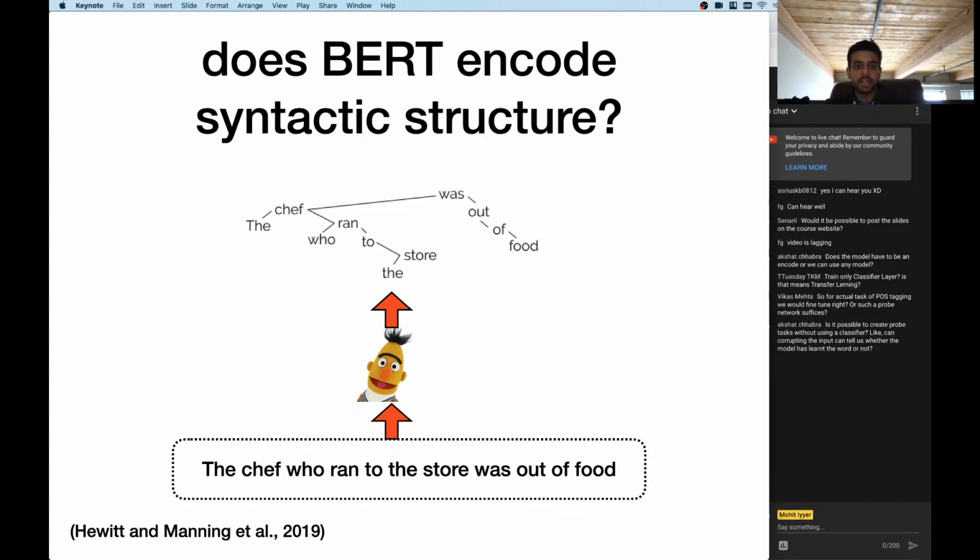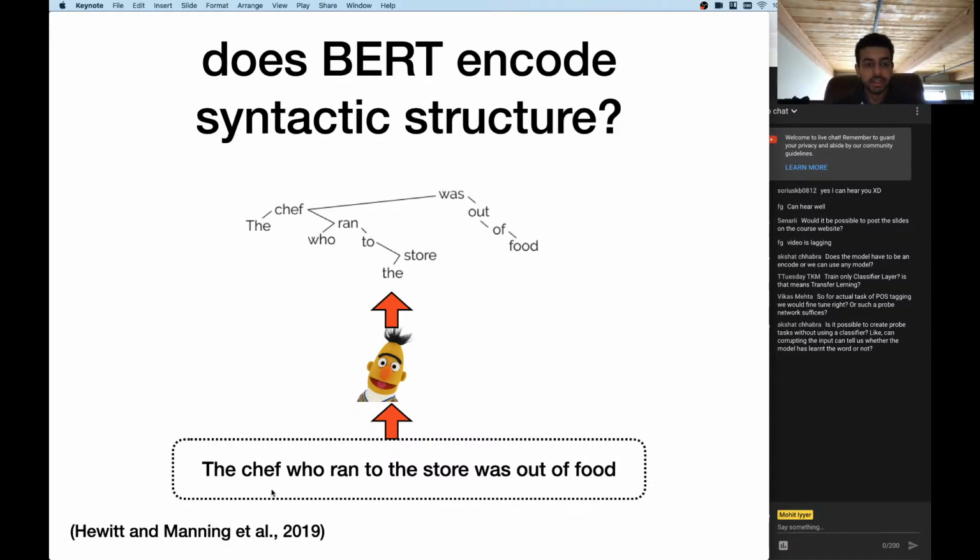All right, so let's take a look at 2 or 3 different specific examples of probe tasks in more detail. We might be interested in understanding whether BERT encodes this tree-like structure of language, which helps us understand different meanings of a particular sentence and which one is more likely.